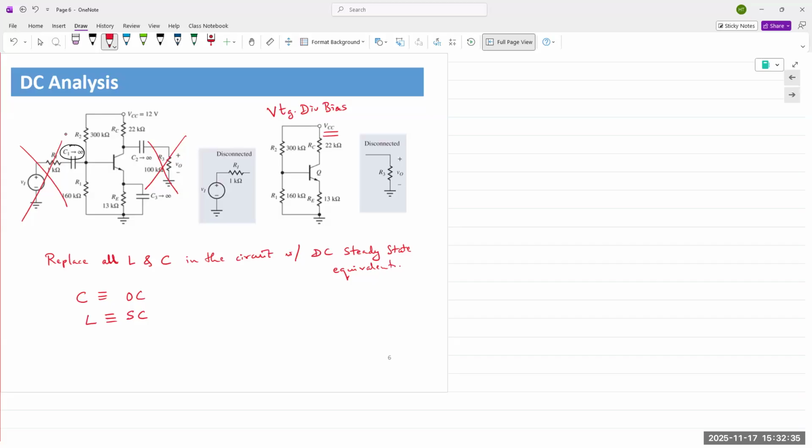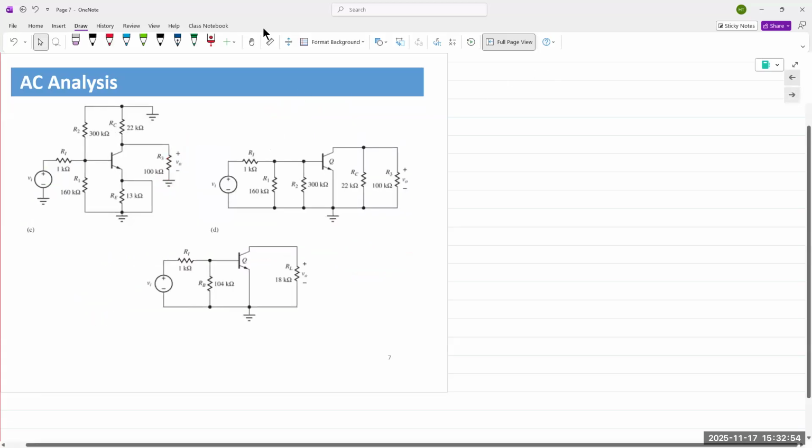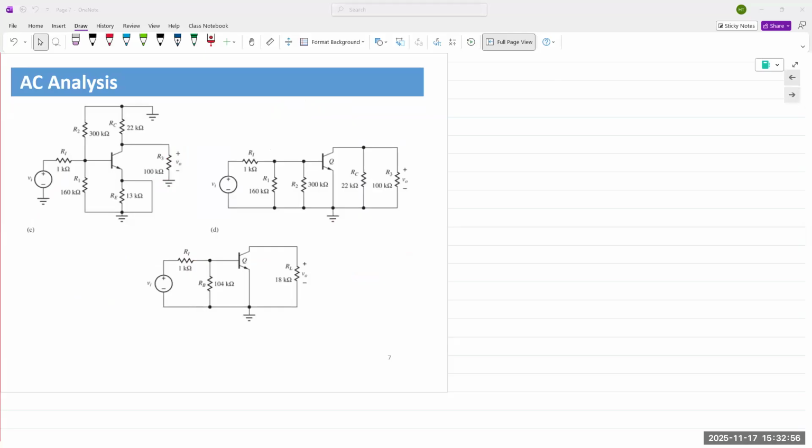If it's an open circuit, RL is disconnected, the source is disconnected. The only things left in the circuit are the 4 biasing resistors and your DC power supply. And then we can analyze the circuit, which is something that we did previously. Right? When it comes to AC, we follow the same thing, but for AC, the capacitor results in a short circuit.